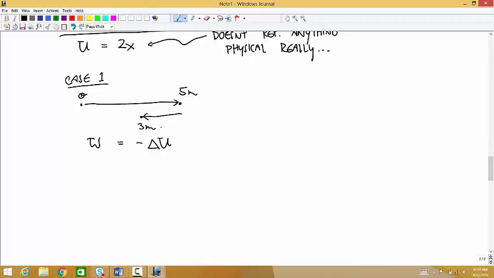So we just have to calculate the potential energy at the starting point and the potential energy at the end point. At the end point, it's going to be 2 times 3. At the beginning point, it's going to be 2 times 0. And so we get a total of 6 joules.